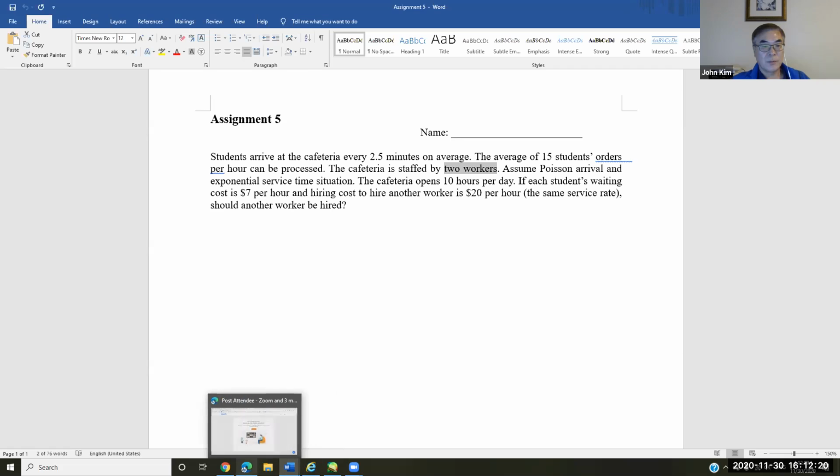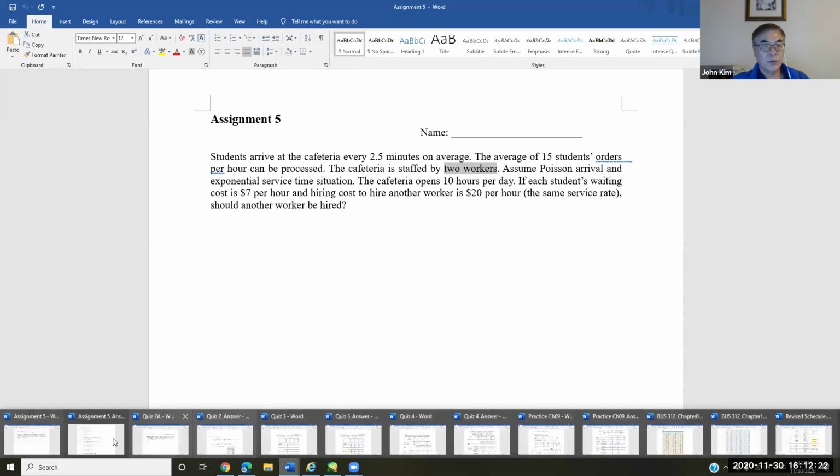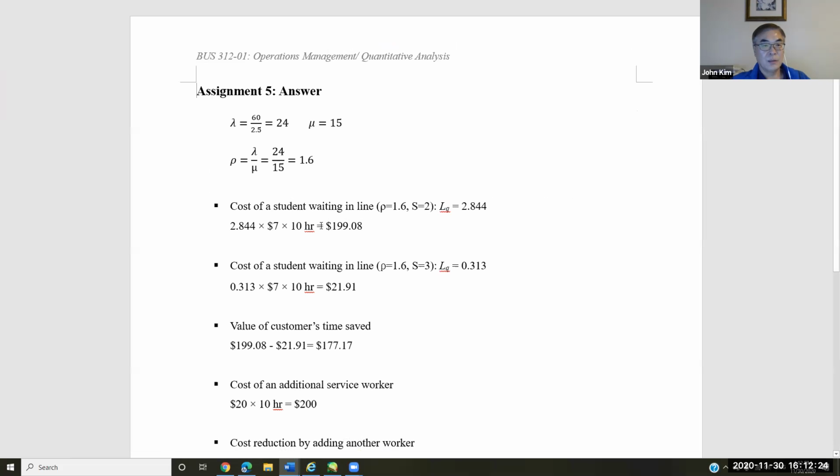So using the formula, you can get this customer cost when 2 workers work. And then you need to calculate when 3 workers work, how much is the customer cost.